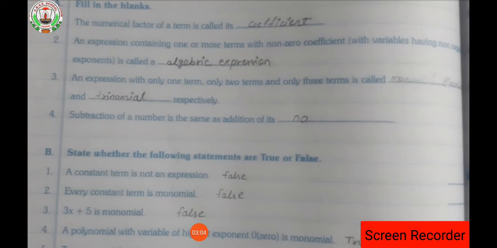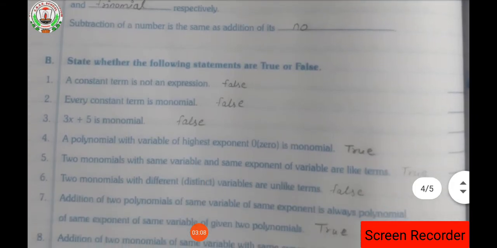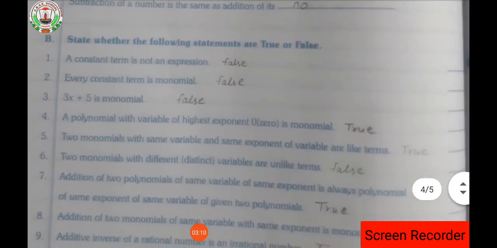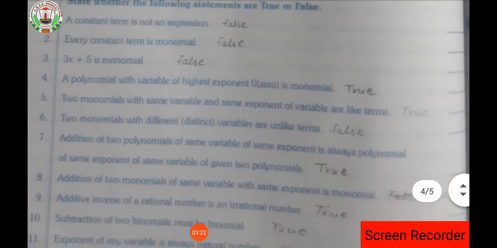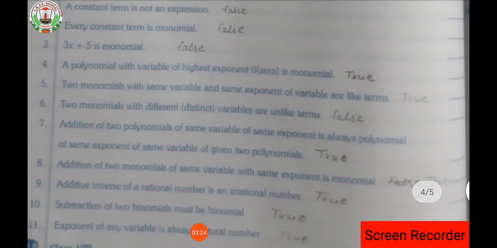State whether the statement is true or false is asked over here. So here I had given all the statements which are true or false. Okay, so this you have to write in your workbook. First question: a constant term is not an expression, that is false. Every constant term is monomial, that is false. Third, false. Then fourth, true. Fifth, true.